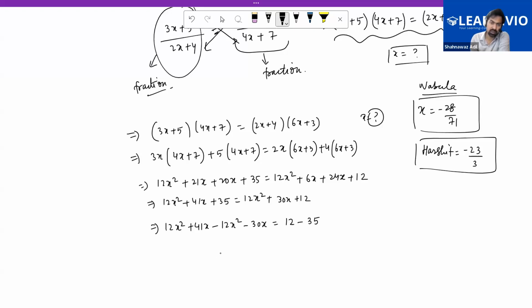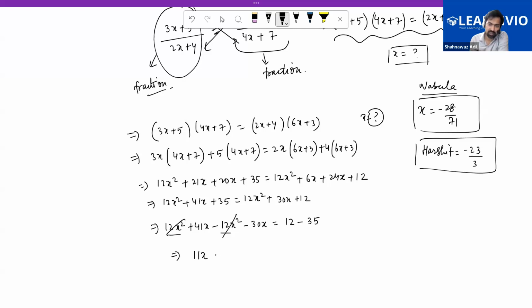So now what are the like terms? This one and this one. So 12x square minus 12x square will be cancelled, right? And how much is 41x minus 30x? Sir, 3x. 41 minus 30 is 11, right? 11x.